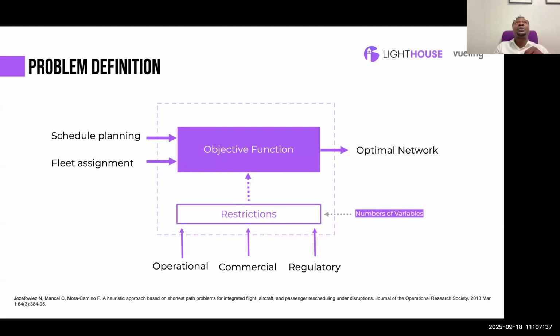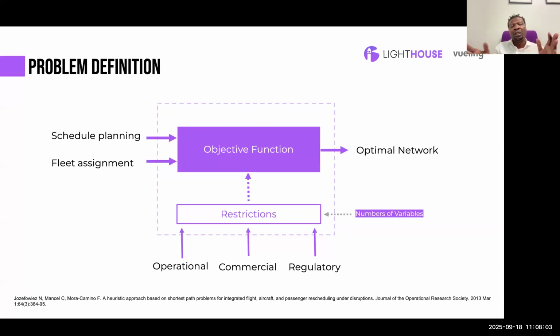One thing we want to make sure our audience understands well is that, given this NP-hard problem, we also need to model the problem so that we can minimize the number of variables.